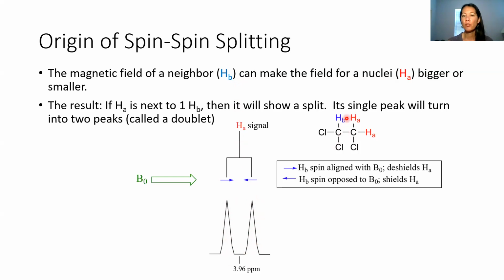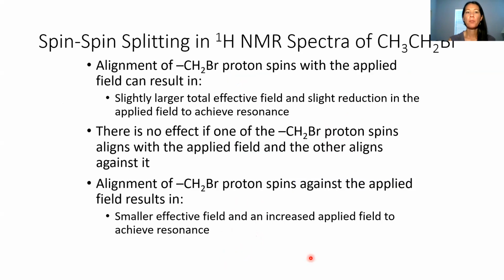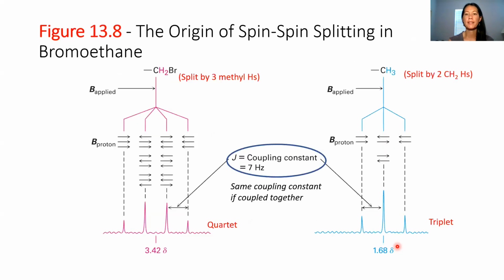So since it's only split by one guy, you'll observe 2 peaks, which we call a doublet. Okay, so now let's apply this to the bromoethane. These are just words that I described: the spin aligning with the magnetic field or applied field, the spin not aligning or going against it.